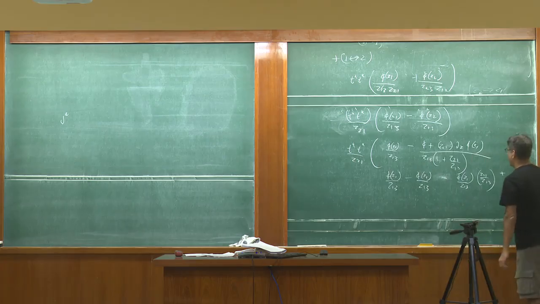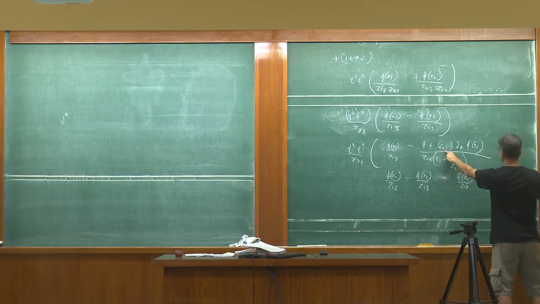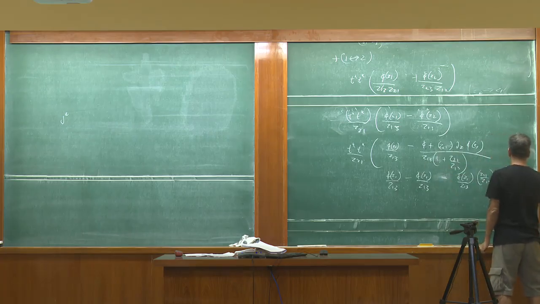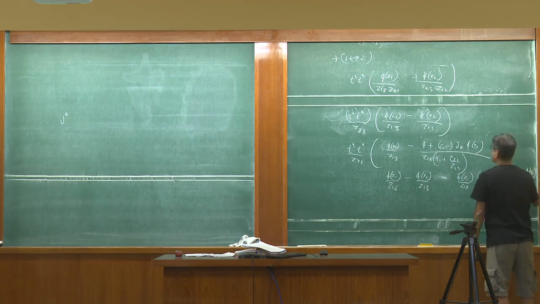Okay, and then plus we get this by this, so Z21 del Z phi Z1 divided by Z13.